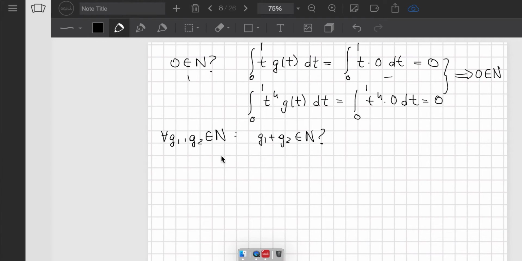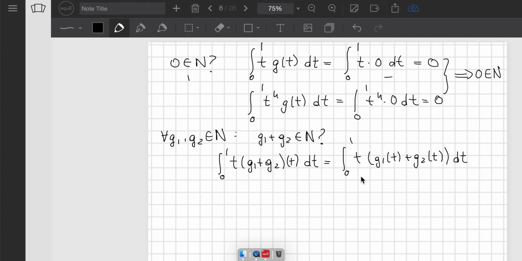So if we take the integral from 0 to 1 of t times (g1 plus g2)(t) dt, well, we can distribute the t and then split off the two integrals.